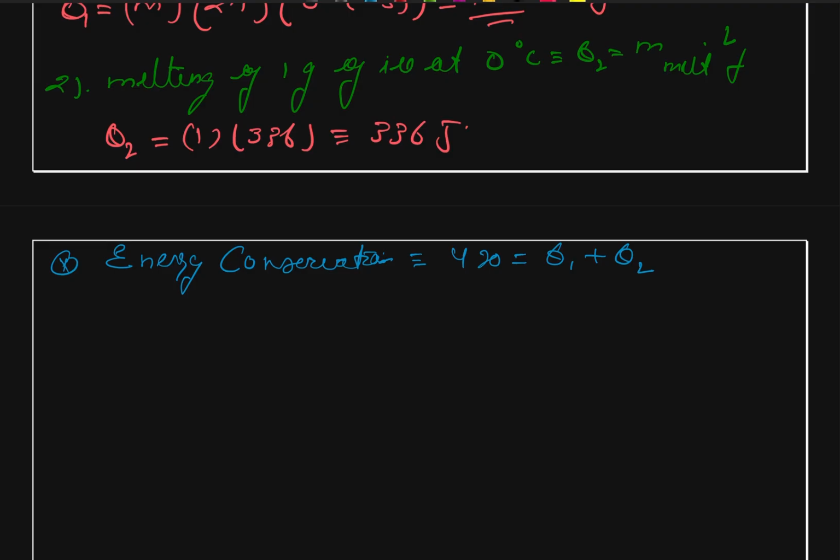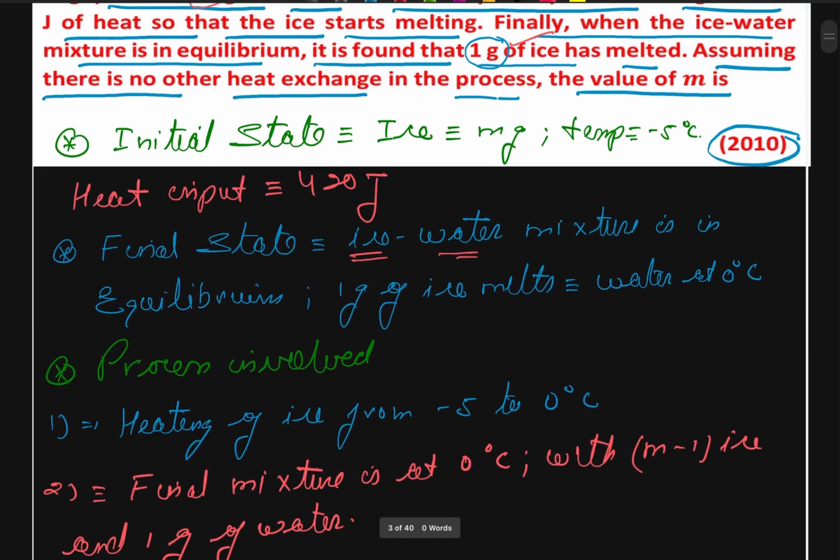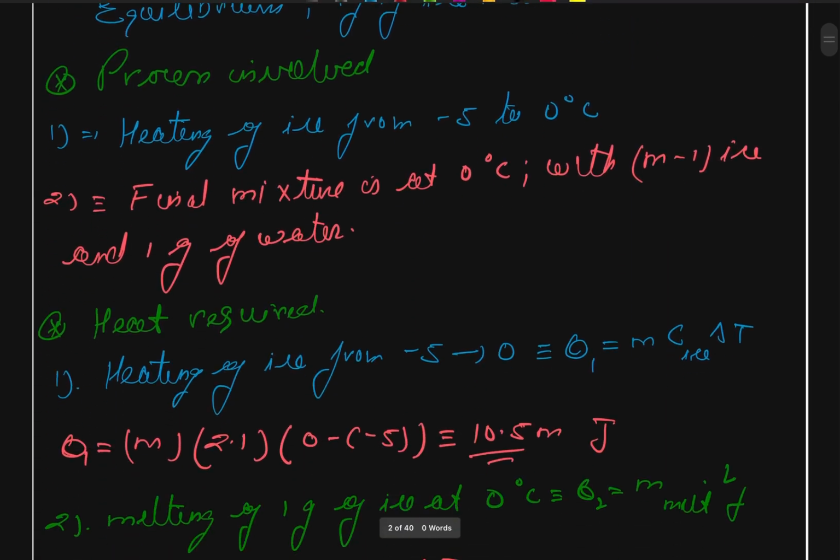We simply substitute the values: 10.5 m plus 336 is equal to 420, and we get 10.5 m is equal to 420 minus 336, that is 84, which gives us that the value of mass is equal to 8 grams. So the initial mass was 8 grams.